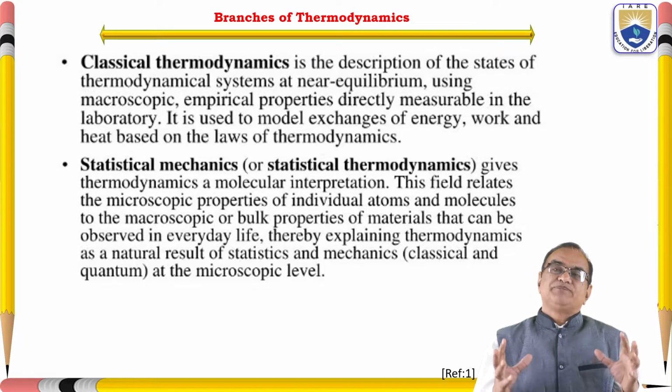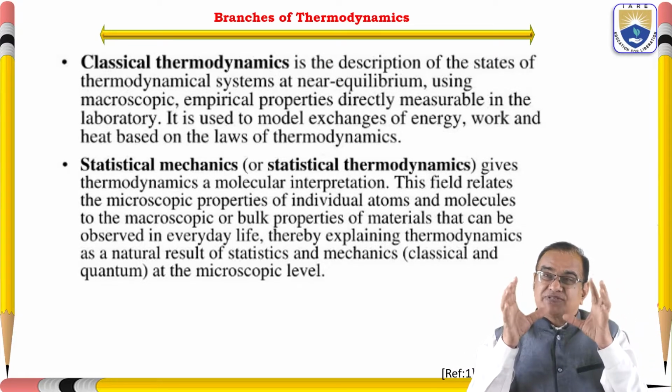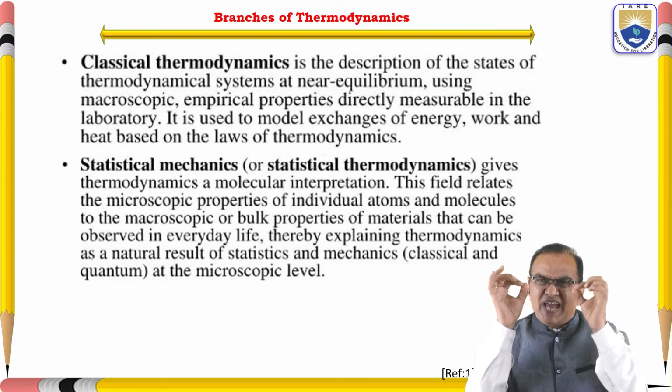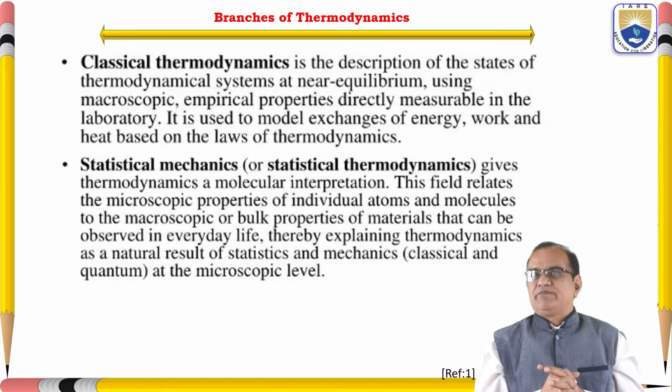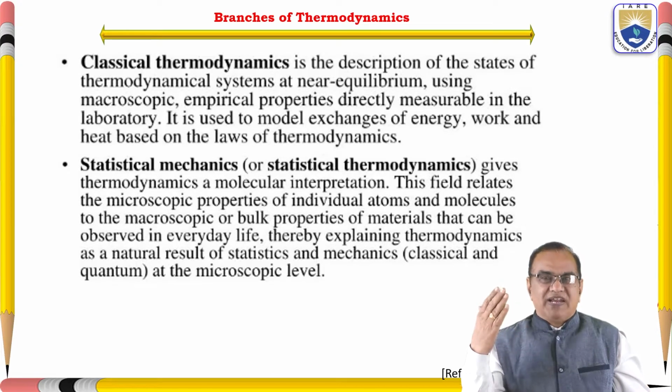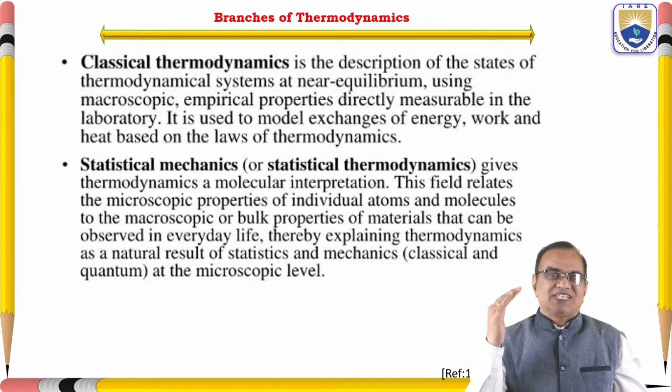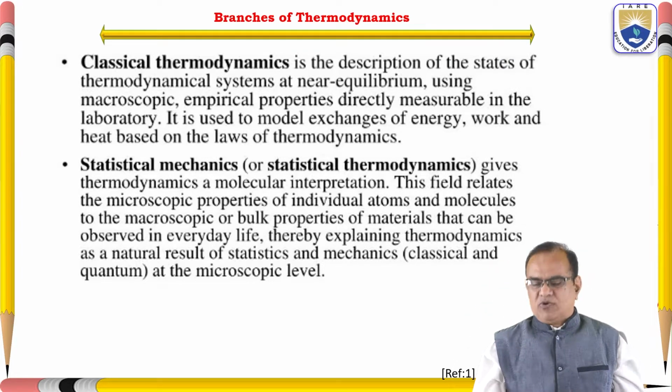So in this, what happened? For every molecule and atom, how much energy it is possessing and how much it is transferring in a very microscopic way, we are understanding and discussing. However, in this course, I am not going to discuss statistical, only classical thermodynamics.